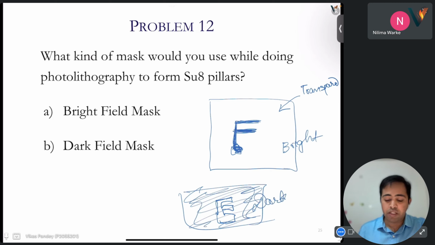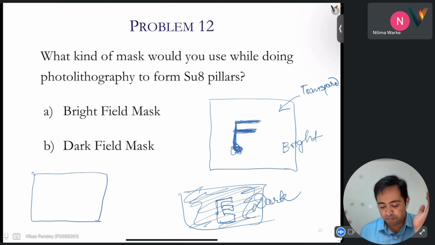In case of forming the SU8 pillars, we want small pillar-like structures to remain, and the other part to be removed. So what kind of mask can we use? Dark field mask, because it is a negative photoresist. The exposed area will remain, other area will get removed.